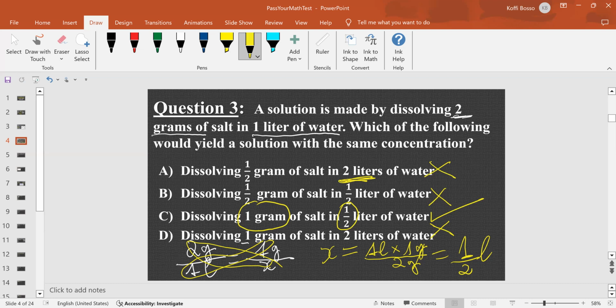Now, if you have a 2 to 1, that means you're gonna have 1 to 1/2. 1 to half. That makes sense. So the correct choice is C.